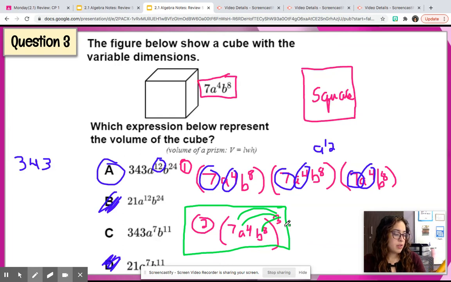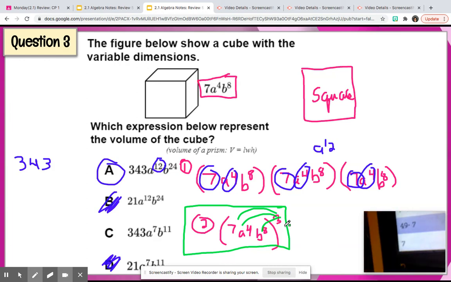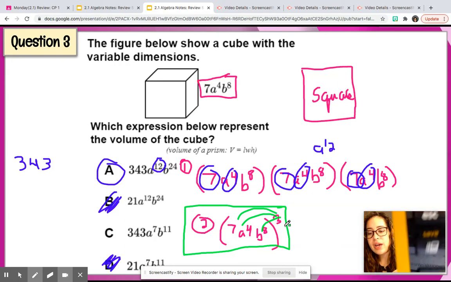So how did I do this? Let me show you guys. On my calculator, I'm going to type in 7. So as normal, I wrote in the 7. Now I want to square that.